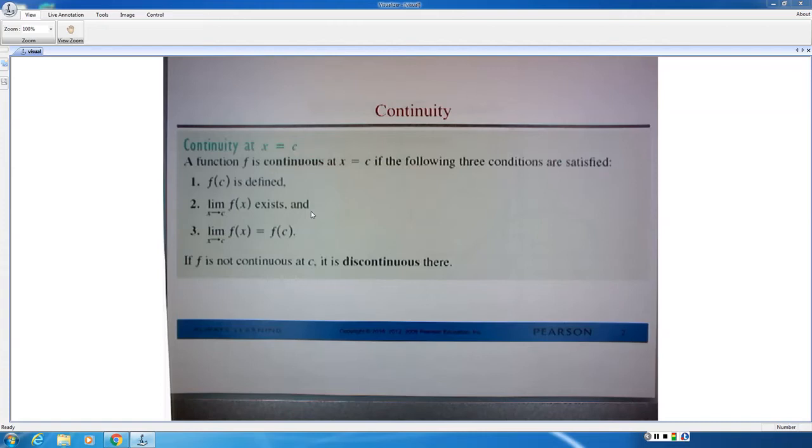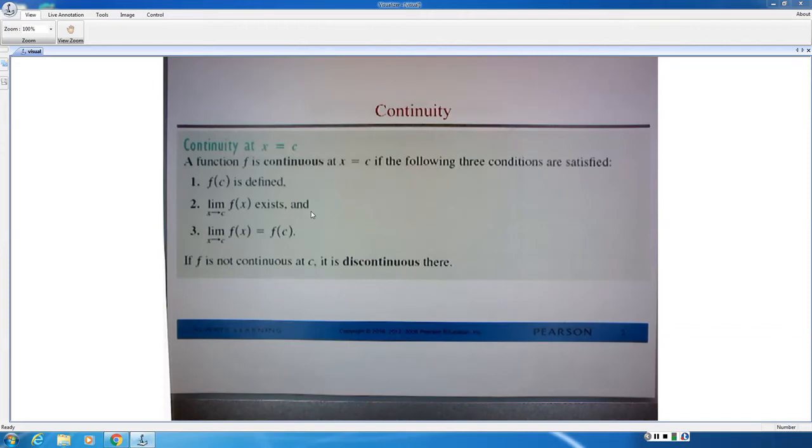They're on a collision course. If the left-hand limit and the right-hand limit are equal, then the function has passed the second test because the limit exists. But if f of C is defined, but the limit doesn't exist at C, then it's not continuous.